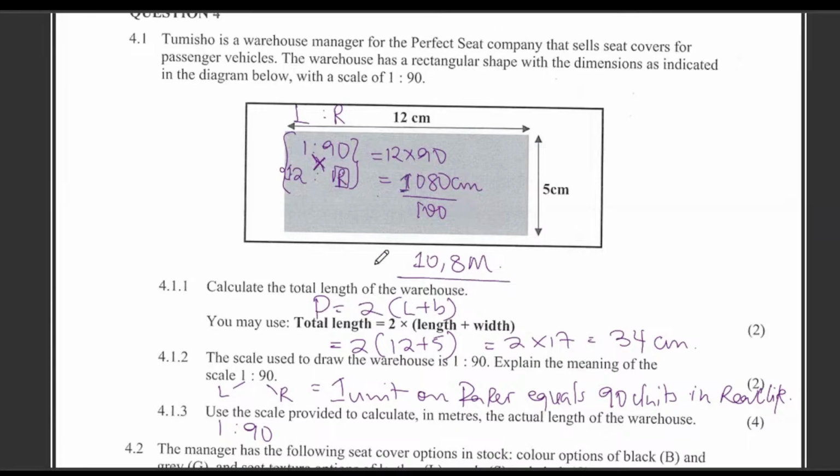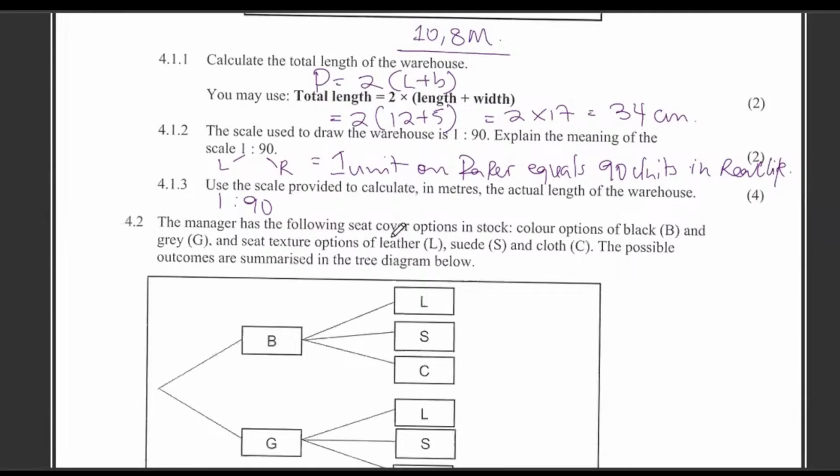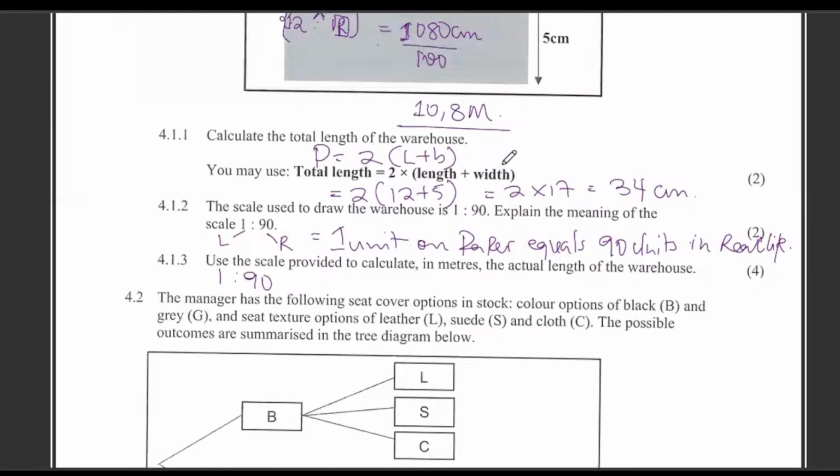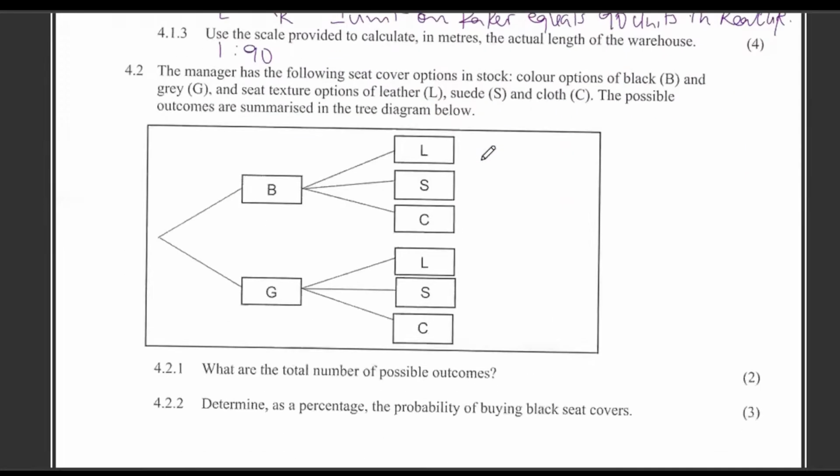Okay, use the scale provided to calculate in meters. We've done that. That's why we divided by 100. Okay, the manager has the following seat cover options in stock. Color options of black and gray. The seat texture options of leather, suede, and cloth.